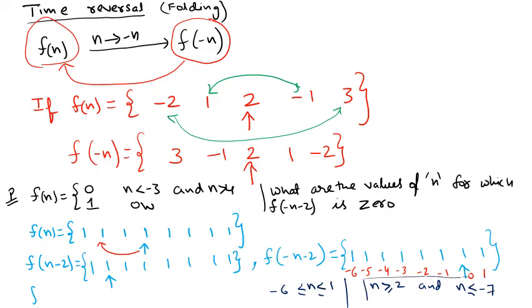So this is the answer. For these values of n, f of minus n minus 2 will be 0.